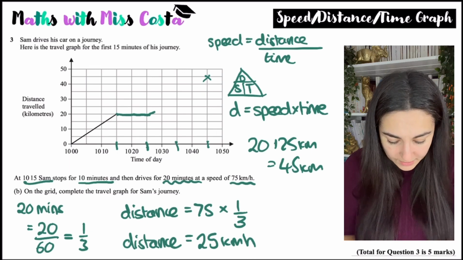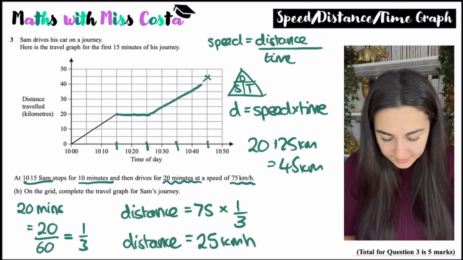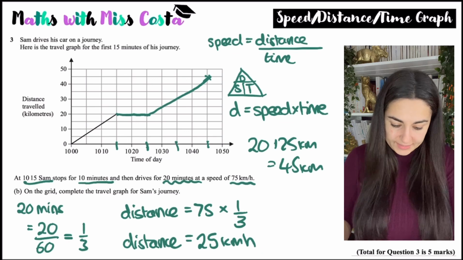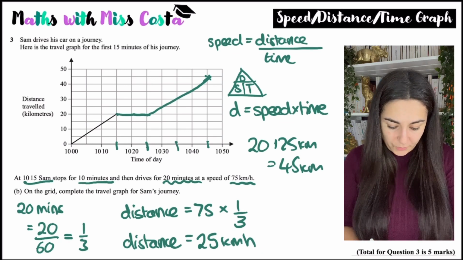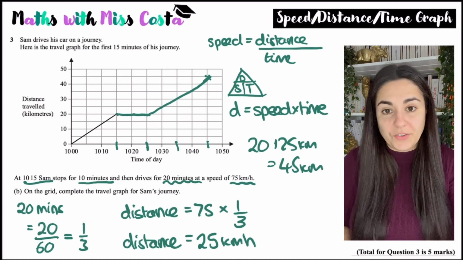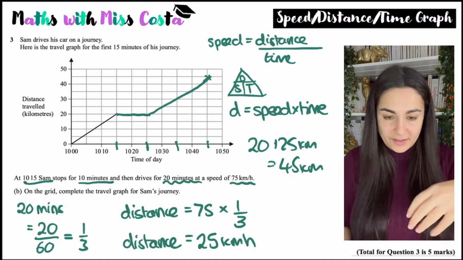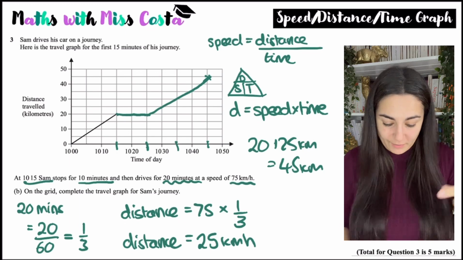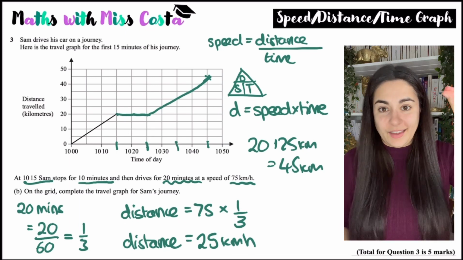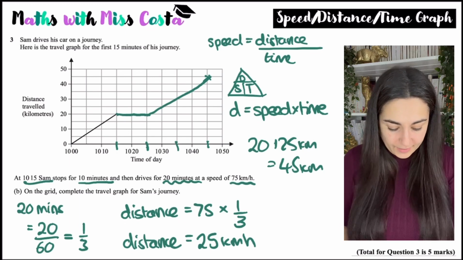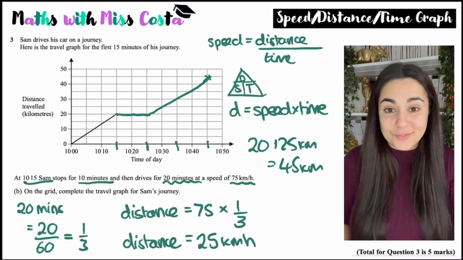So you start from where you are and then you just go up like that. Okay, so a distance of 25 kilometers. You know it's 20 minutes. So that's all you do to work it out. You don't have to work out the exact gradient because that's automatically worked out for you by working out the end point. And that's the completed travel graph.